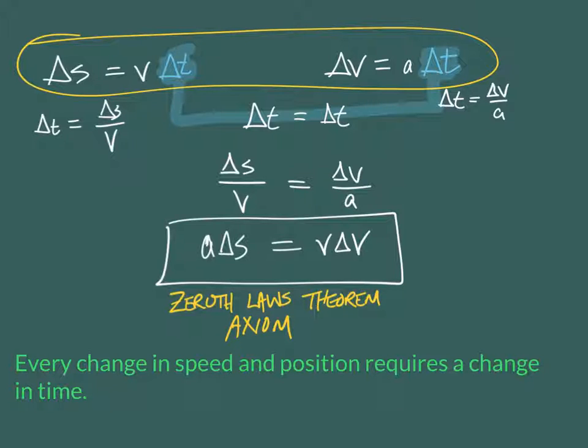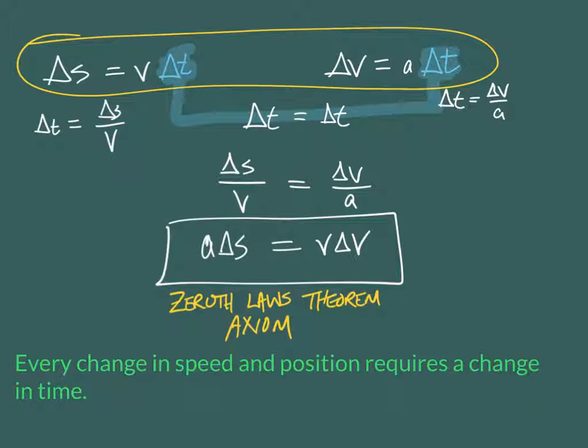So here's the thing. When I look at a delta s equals v delta v, there is nothing about the law statement that makes that math obvious. I would have a hard time writing a delta s equals v delta v if that were the law statement that I started with.